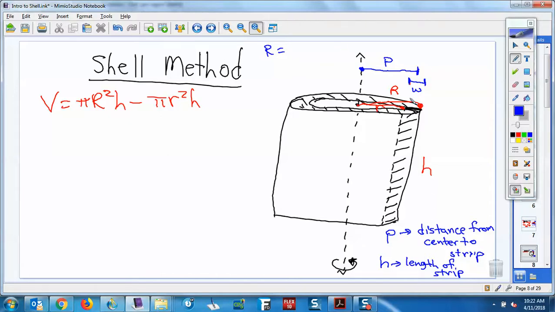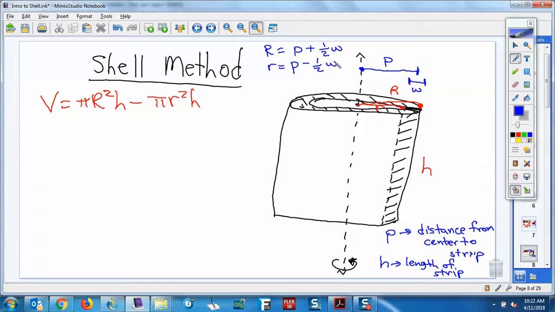I want to use these two new ones that I've made. P plus 1/2 W, right? Because we said P was going to go to the middle of the strip there. Okay, the middle of the strip right there. So P plus 1/2 W would be big R. What would be little r? P minus 1/2 W, right?